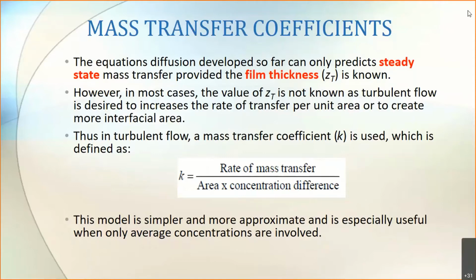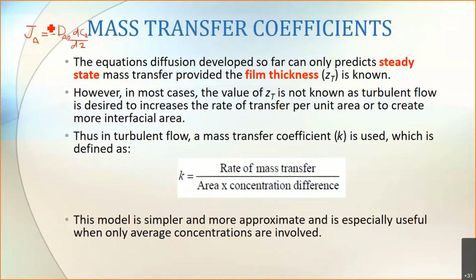The main reason why you want to use the mass transfer coefficient as opposed to the diffusion coefficient is the equation for diffusion that we have been using so far. If I write here our Fick's law, JA, our flux, is equal to negative DAB dCA over dZ.